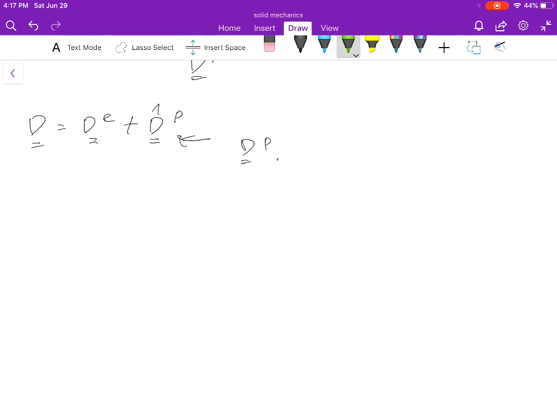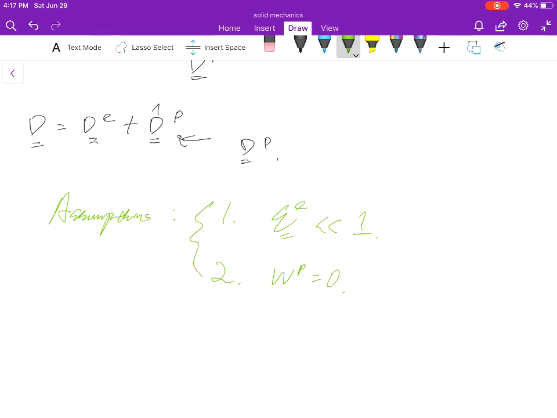Two assumptions are very important. First, the elastic strain is very small. Second, the rotation equals 0.